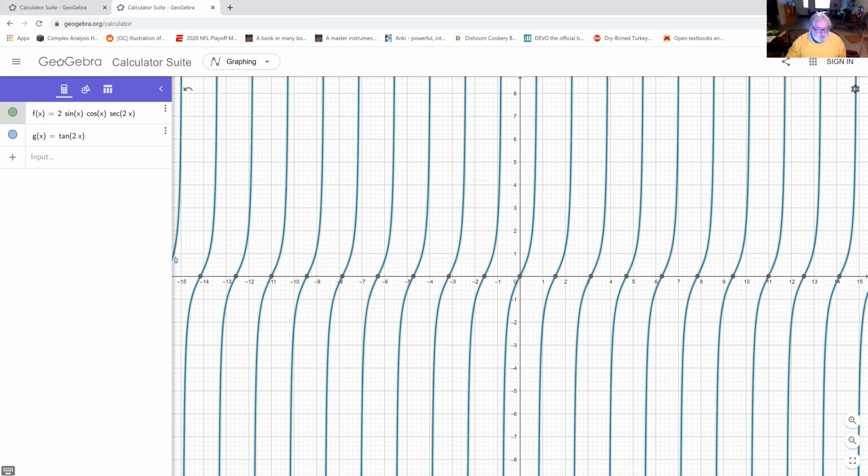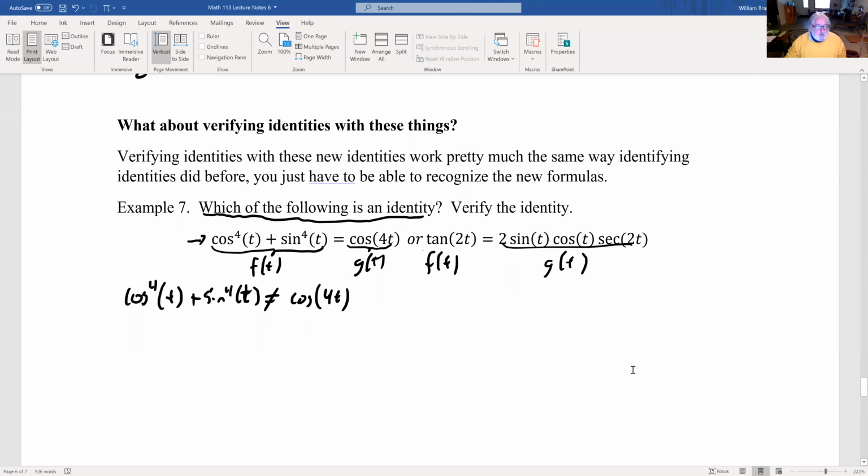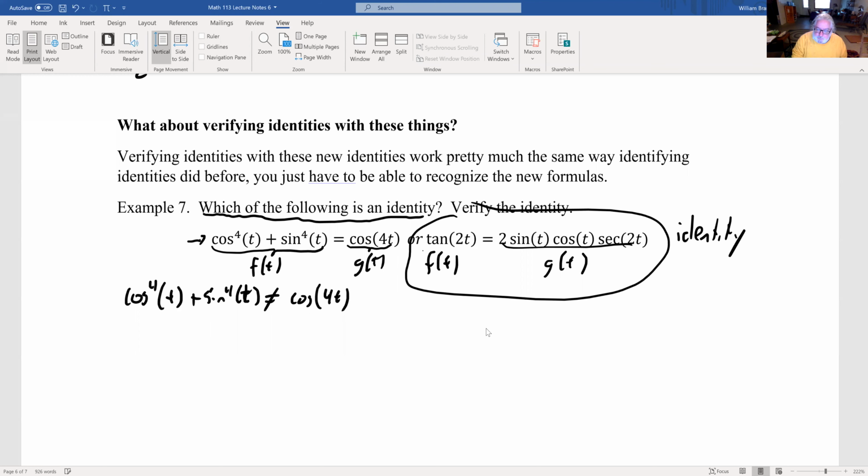So if we come back to this one, this one is an identity. And that's how you can tell if an equation actually is an identity, right? Are the graphs the same?